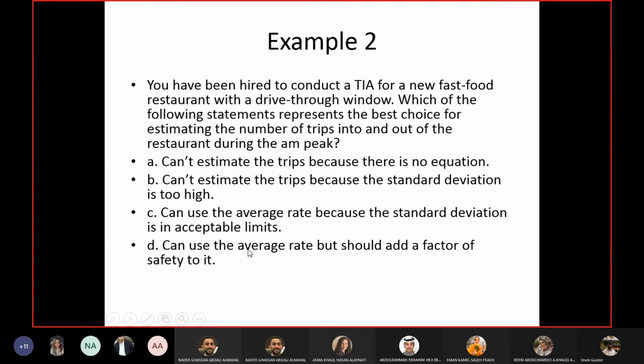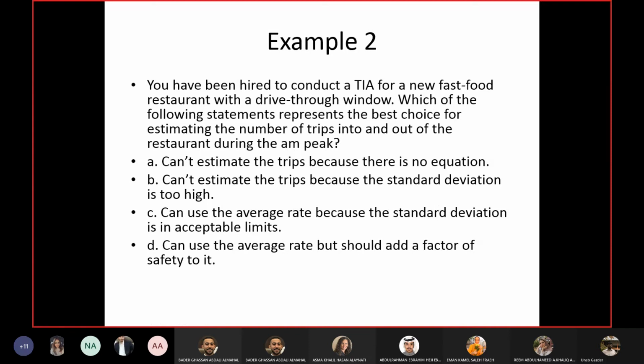Then if both statements A and B are correct, that you cannot estimate the number of trips using the equation or the trip rate, then maybe you can opt for the last option. Use the equation or use the average trip rate, but you know the standard deviation is too high, so you add a factor of safety to it. Maybe increase the number of trips by 10% just for the sake of safety.